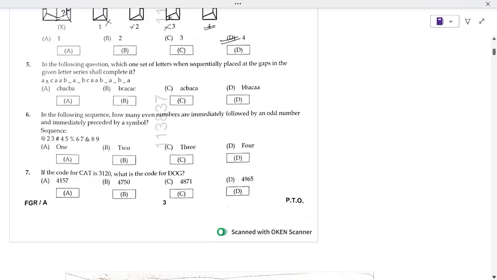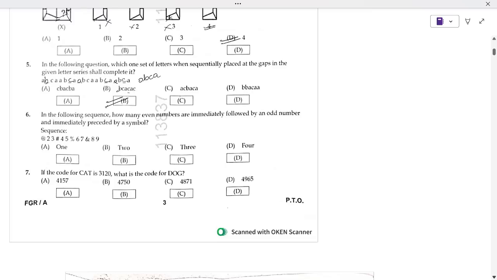Let's check: A B C A B C A A B C A A B C A A B C. Let's check the following question. So after A we need B. So here B A B C A B C, yes, then A, yes, B C A B C, yes. That means the answer is B.